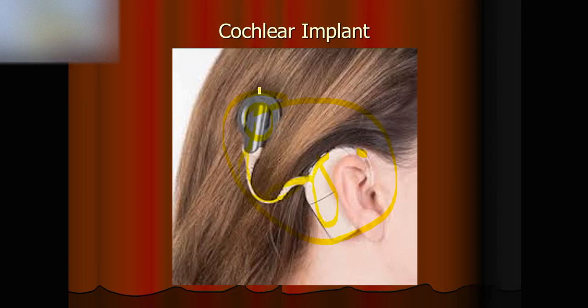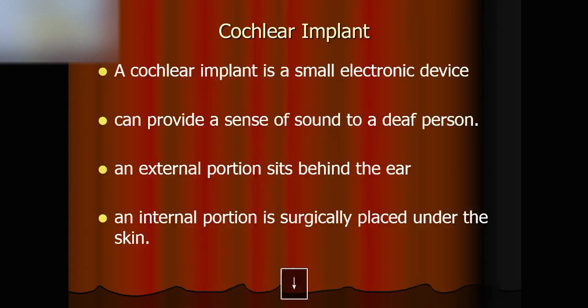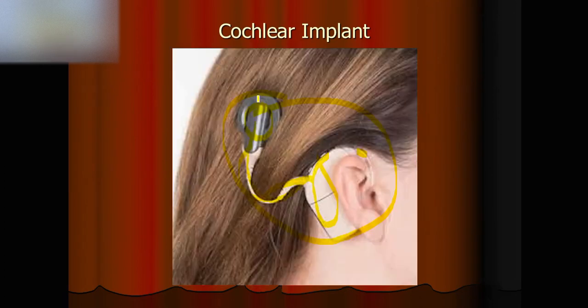That's just one integrated system. And there's another part, an internal portion. The internal portion is surgically placed underneath the skin, right underneath here. So that means before a cochlear implant can work, a surgery must be done first.